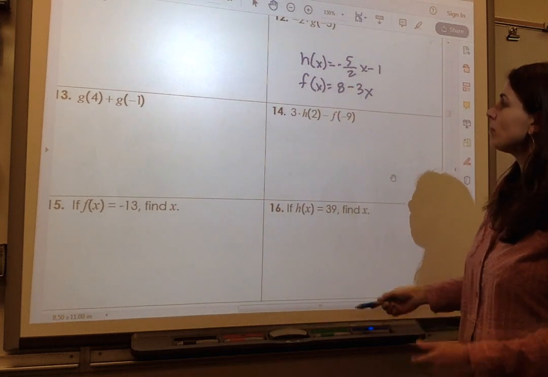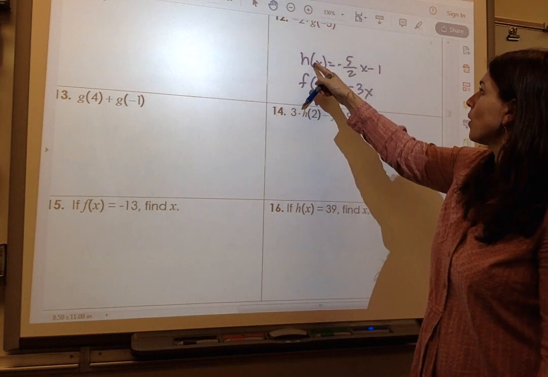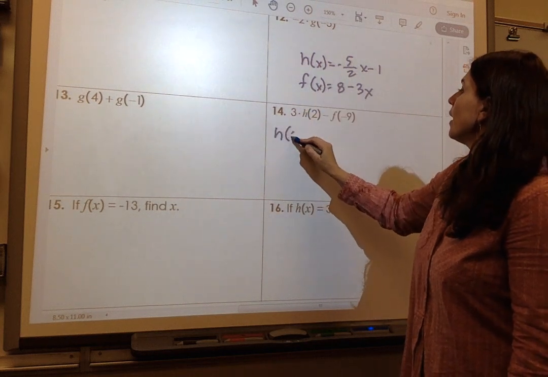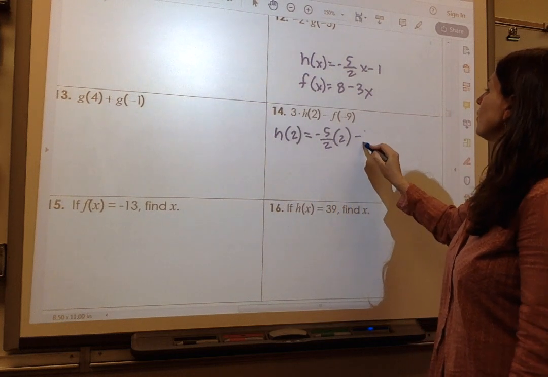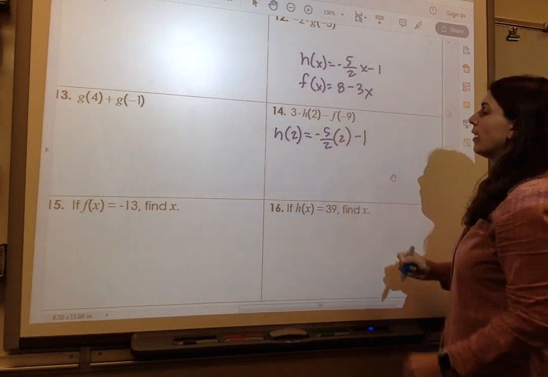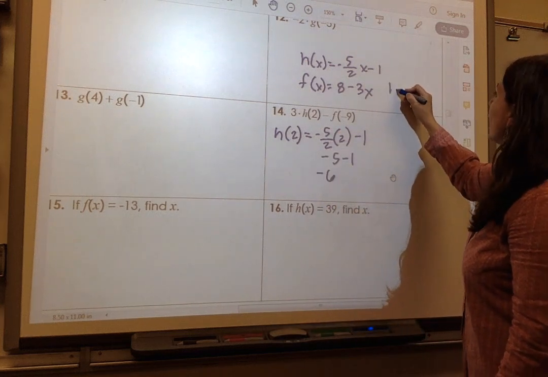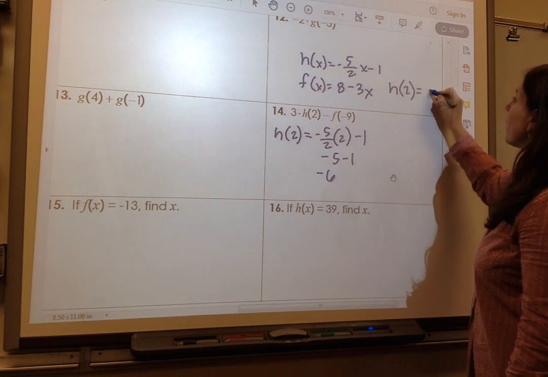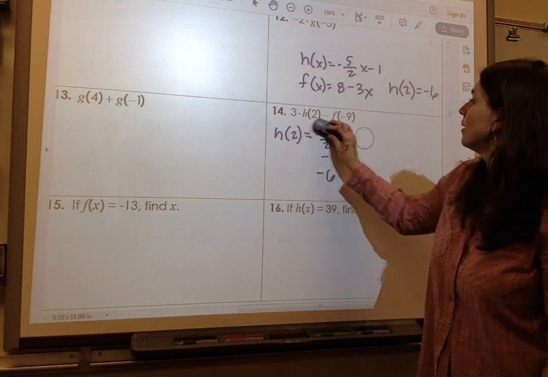So it's saying evaluate when my h function is 2, so I'm going to go ahead and do that. When h is 2, I get negative 5 halves times 2 minus 1, okay? And then I get negative 5 minus 1 is negative 6. So when h is 2, my output is negative 6, okay?